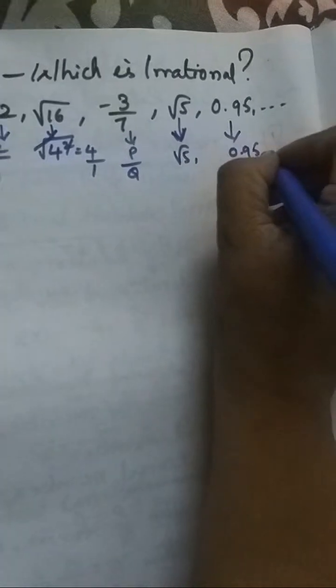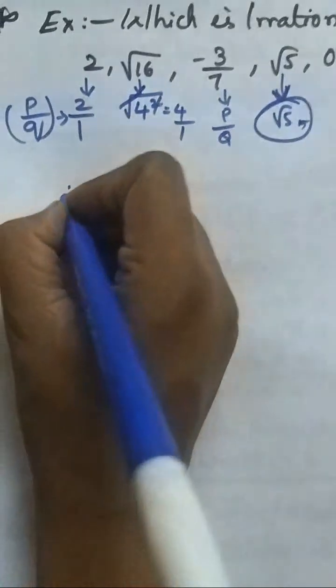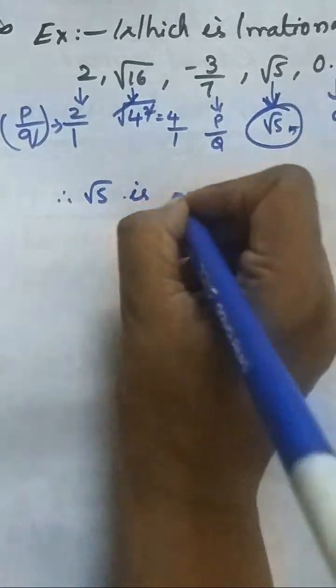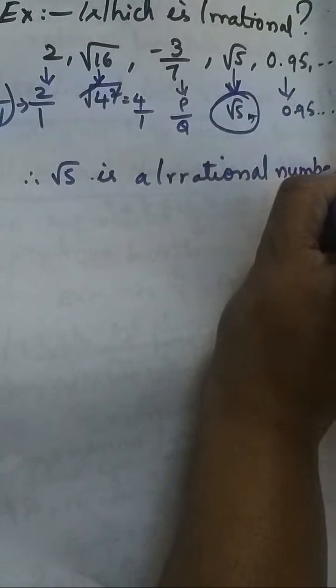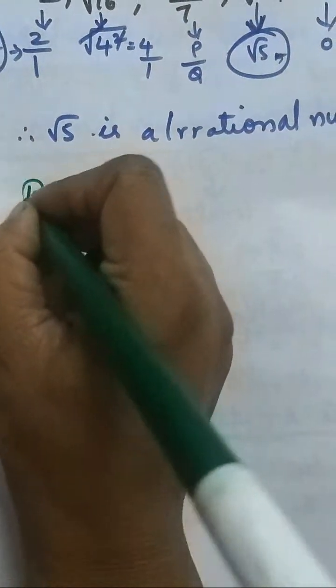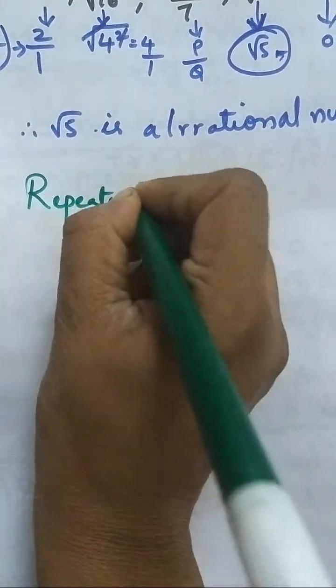Okay. And this is 0.95, a repeating decimal number. Okay. Root 5 is the irrational number. Okay. So root 5 is an irrational number. From all these options we represent root 5, root numbers. Now another is what? Repeating decimal numbers.